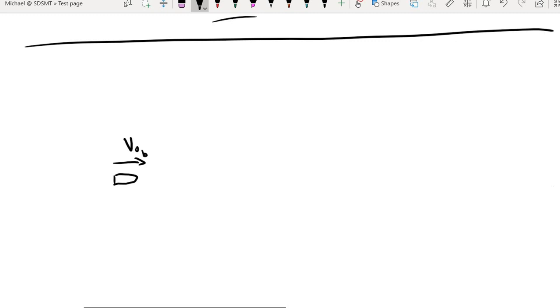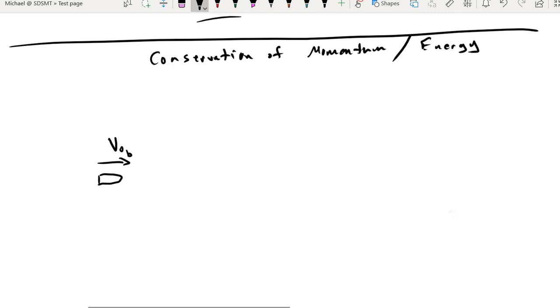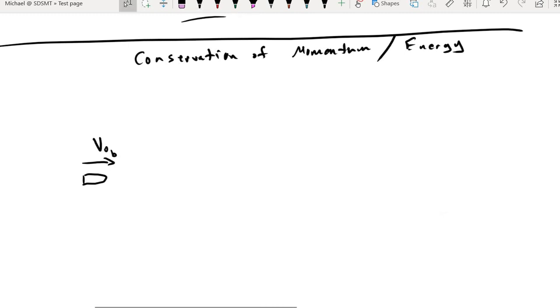So we're going to try a combination of our conservation of momentum and conservation of energy. We want to see when and where these two conservation ideas work best. So we'll jot these down here.